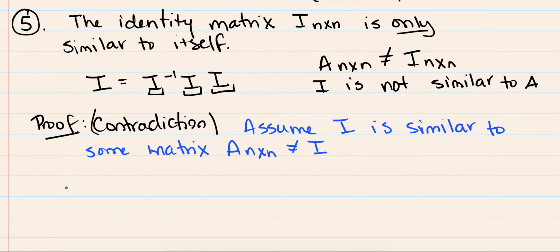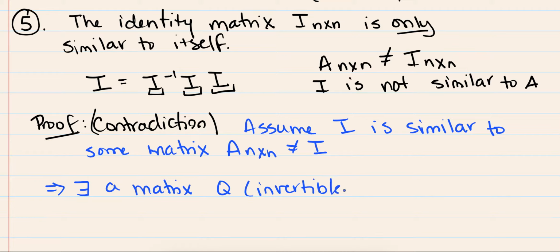Well, that means there exists a matrix Q that's invertible such that I is equal to Q inverse AQ.